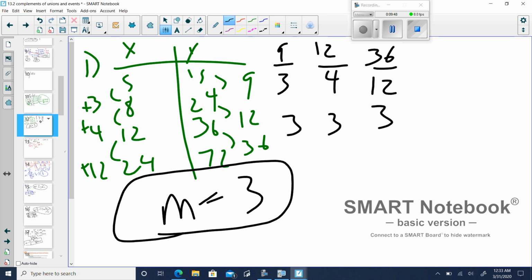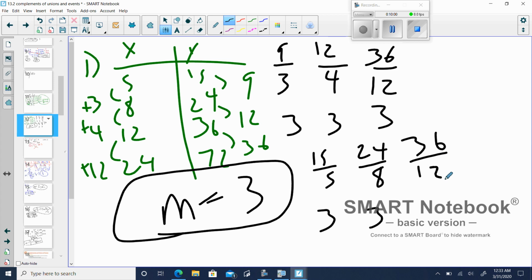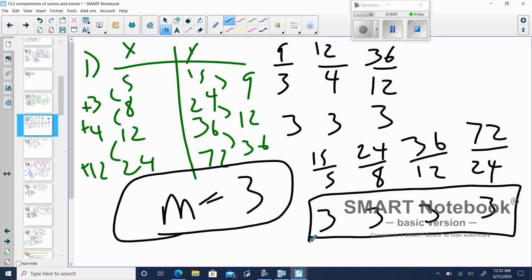We have 15 over 5, which is 3. 24 over 8, 3. 36 over 12, 3. 72 over 24, 3. 3, 3, 3, 3. So, yes.